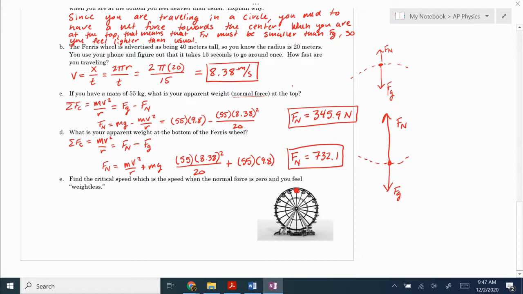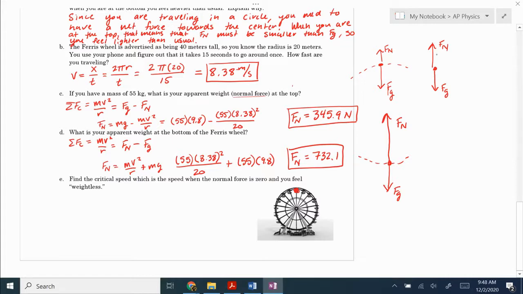If you are just stopped, then your force diagram would have normal force and gravity equal. Then the faster you go, the bigger the mv squared over r part gets.